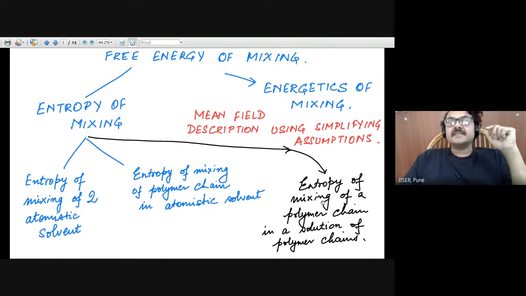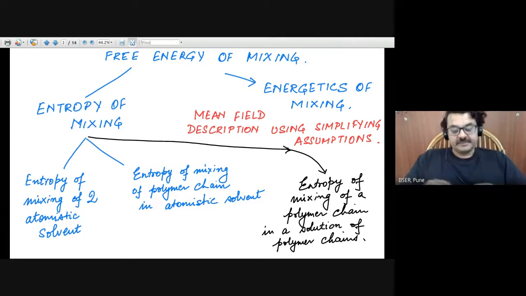And the last case is entropy of mixing of a polymer chain with N_A monomers in a chain, in a solution of another polymer chain, which is also liquid, but it consists of polymer chains. It's not an atomistic solvent, but with say N_B molecules per polymer chain.